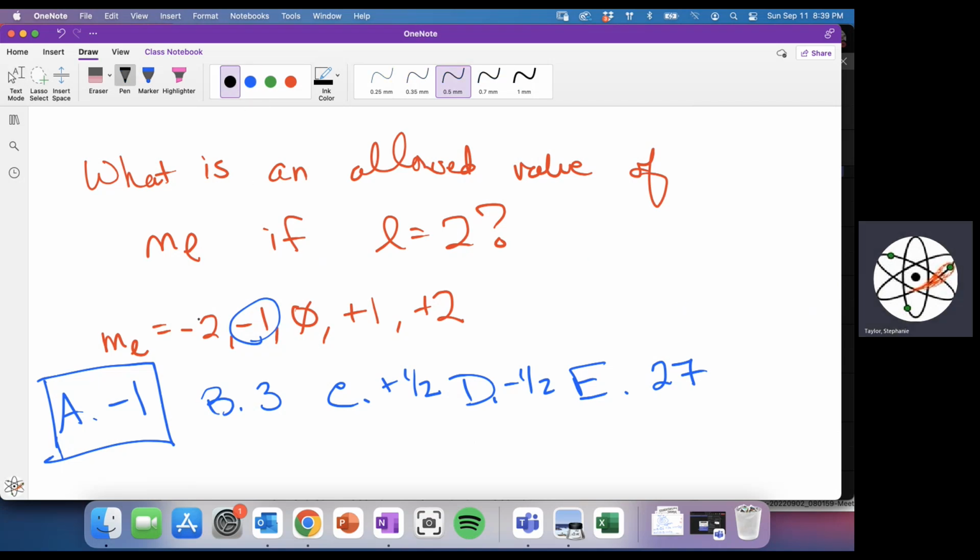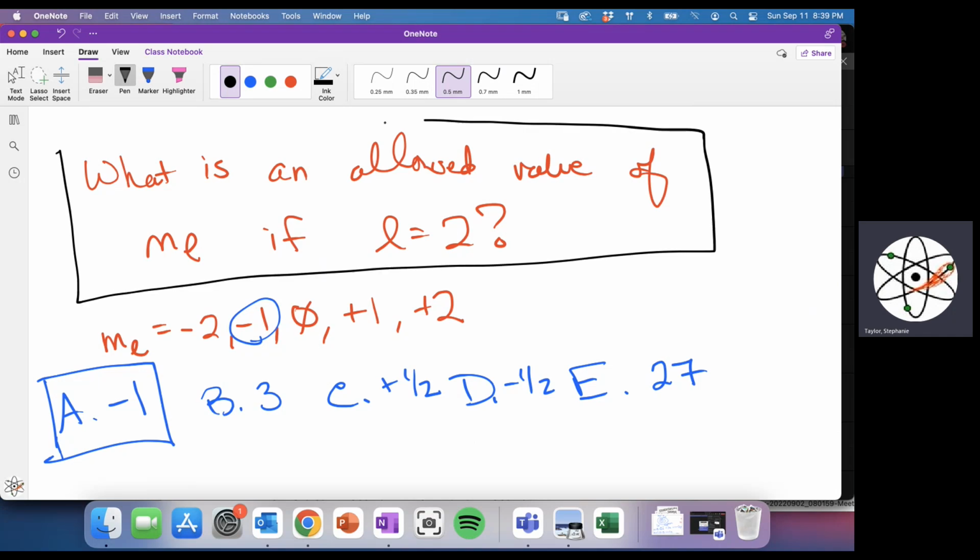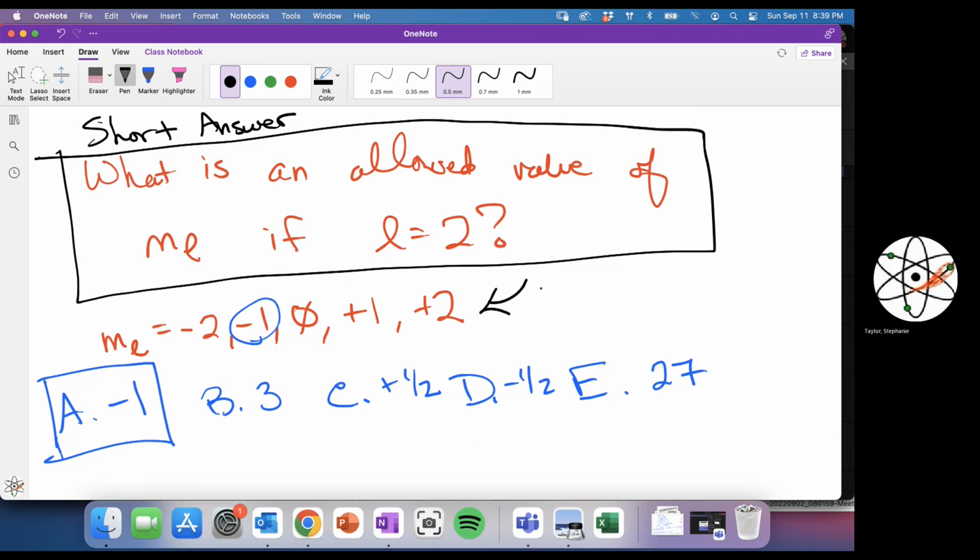If this instead was not a multiple choice question, and if this was a short answer question or was part of a short answer question, then what would happen is you would just give us any one of these. If it was short answer, then any of these 5, -2, -1, 0, +1, +2, are correct.